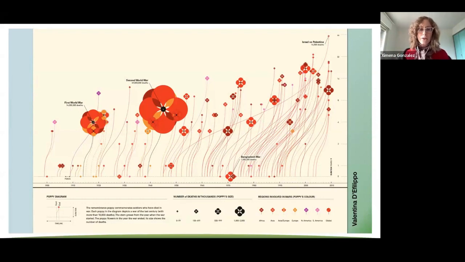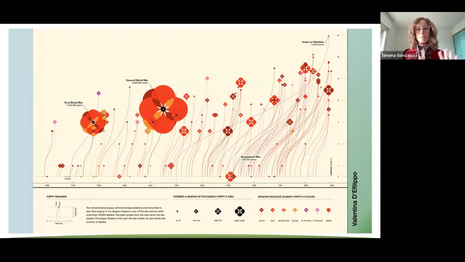But they could have, this is quite interesting because they could have used tombstones, right? Or something really explicit and almost heavy, whereas they chose to use a flower, a remembrance poppy, to portray something quite heavy. And it almost looks like these flowers are kind of swaying in the wind.